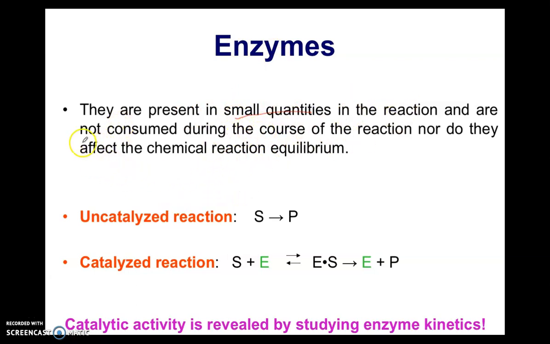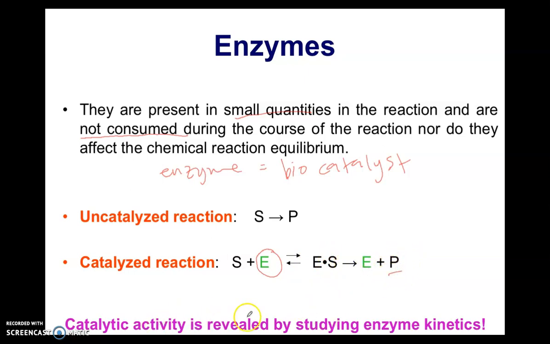This is important: not consumed. It's simply the same as a catalyst. Enzyme is equal to your biocatalyst. So for the uncatalyzed reaction, this is the substrate, this is the product, and this is your enzyme. It will make the enzyme-substrate bond, and then it will release the product.